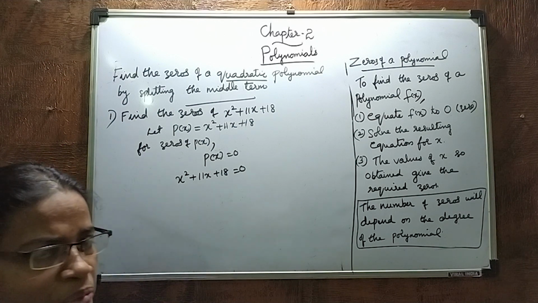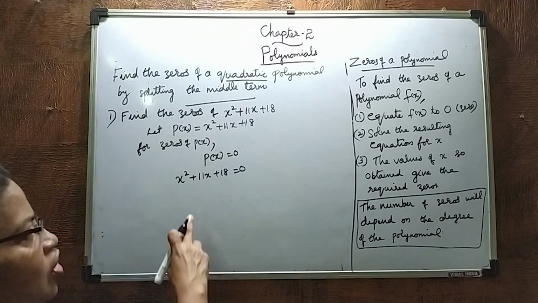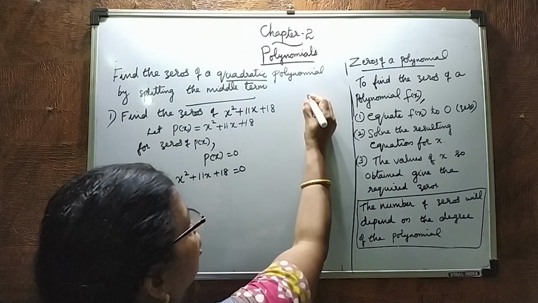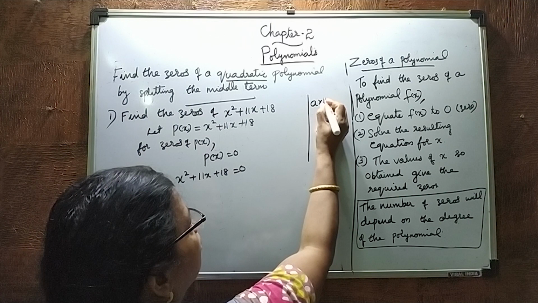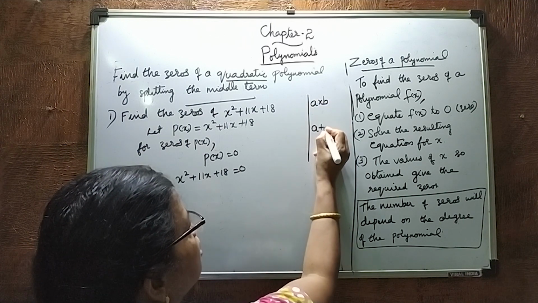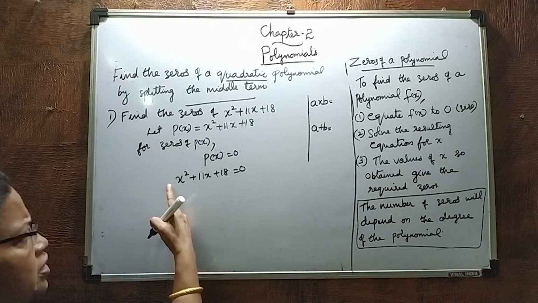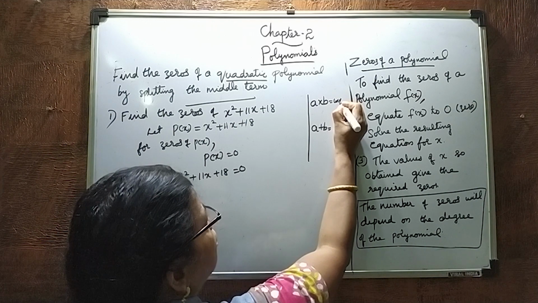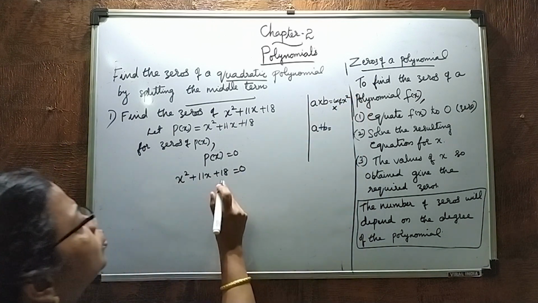As with a linear polynomial, we just simplified and got the answer. Here we cannot get it like that. So for that, in your working column you have to do one thing: write a into b and here also a plus b. Here a into b means coefficient of x square into constant.